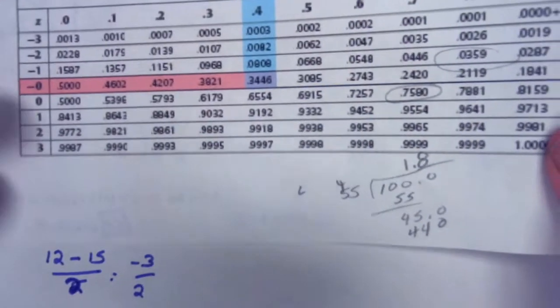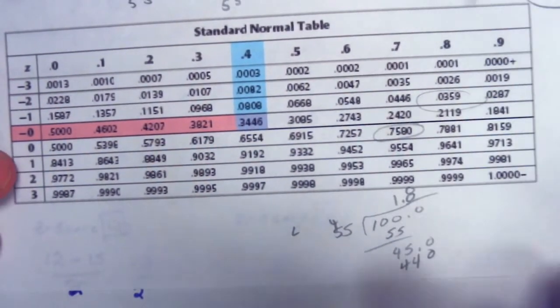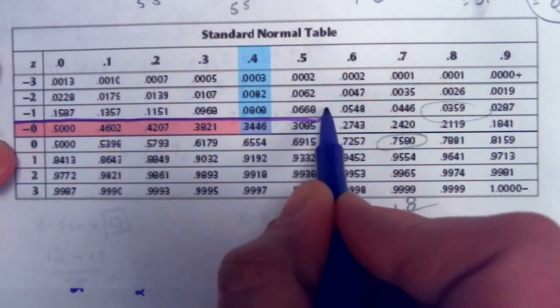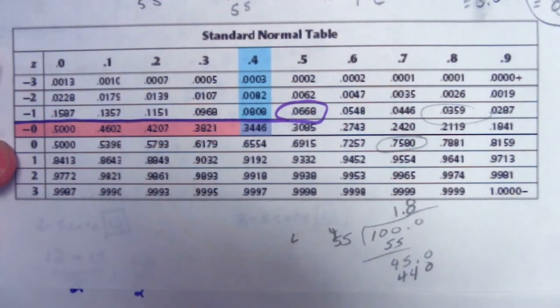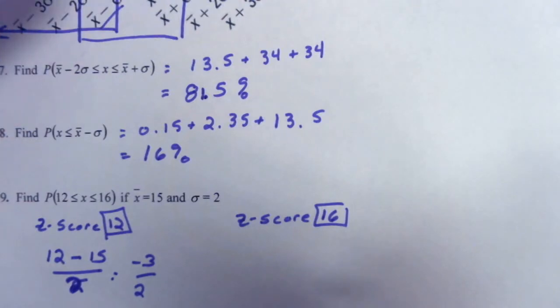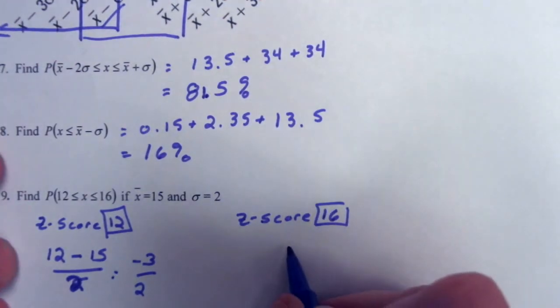On here, the z-score is negative 1.5, negative 1, all the way over to 0.5. So that gives me a probability the x is less than or equal to 12 is equal to 0.0668.